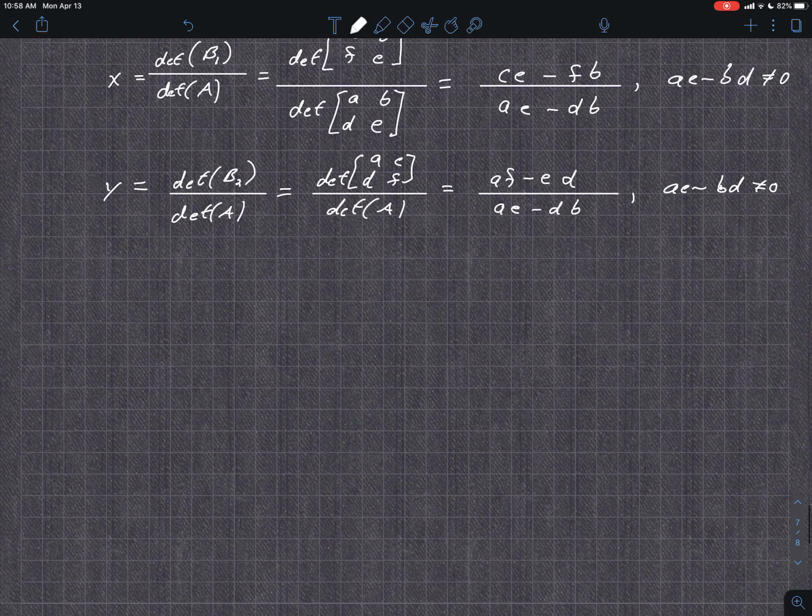So try this one, doing the same process. Let you work it out. Solve the system using Cramer's rule.